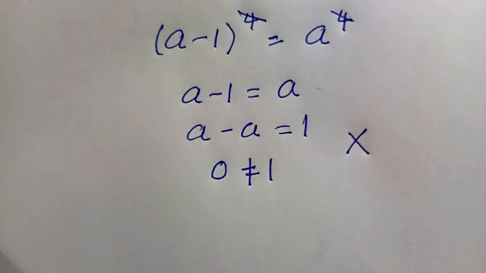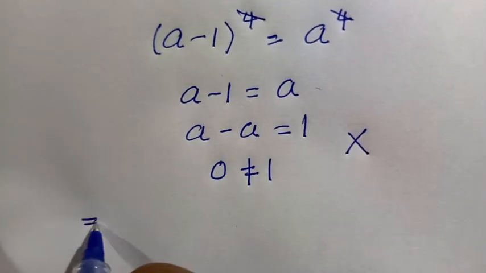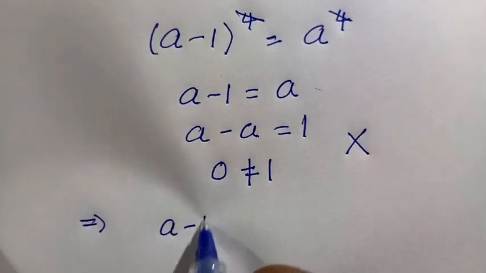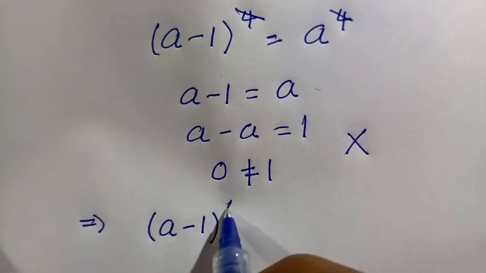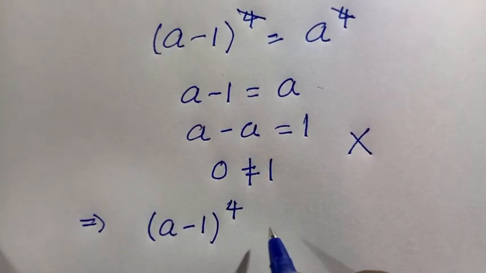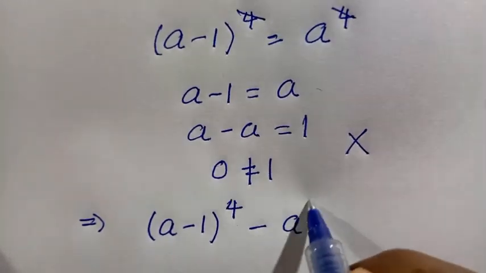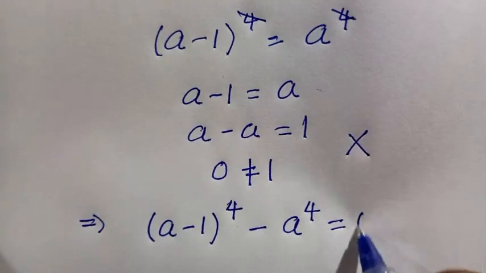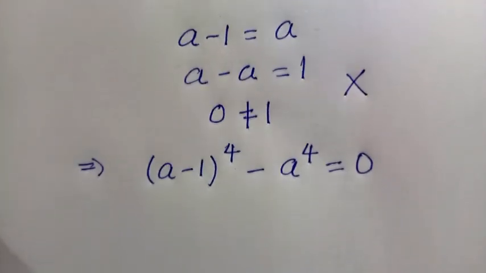And here is how we can solve this problem. Suppose we have (a minus 1) raised to the power of 4. By transferring a to the power of 4 here, we have (a minus 1) to the power of 4 minus a to the power of 4 equals 0.